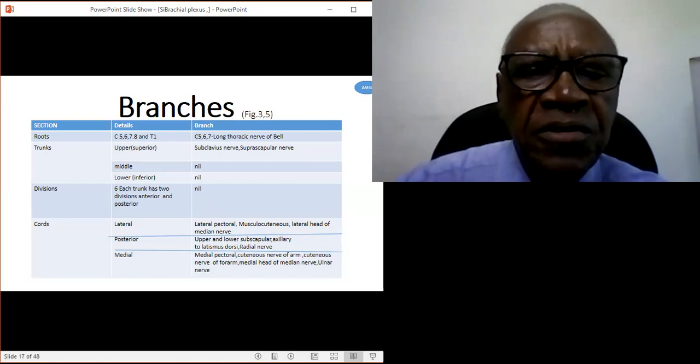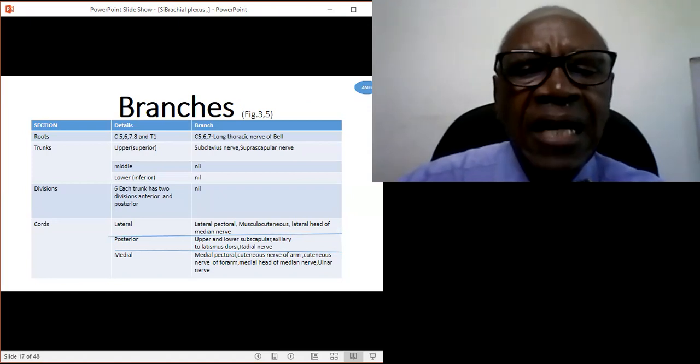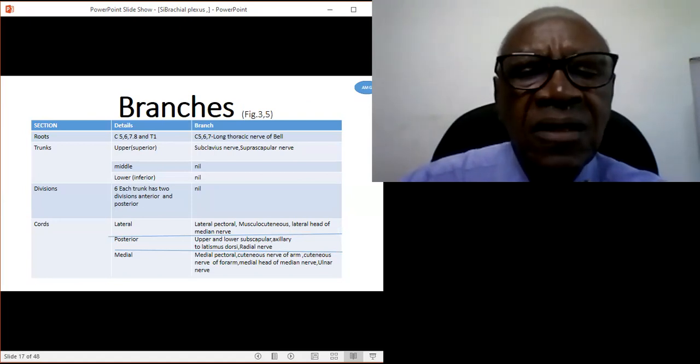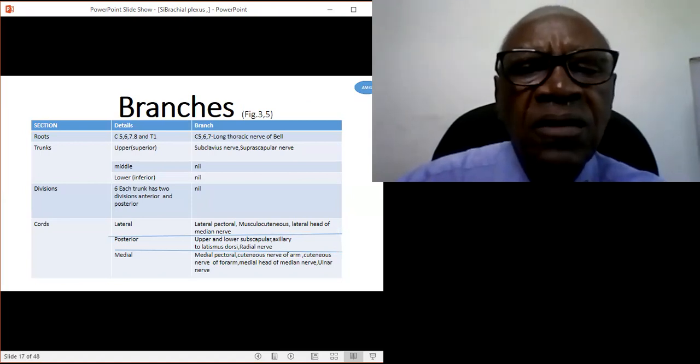The branches. Branches come from roots, trunks, and cords. Divisions do not have branches. So from the roots, we get the long thoracic nerve of Bell.